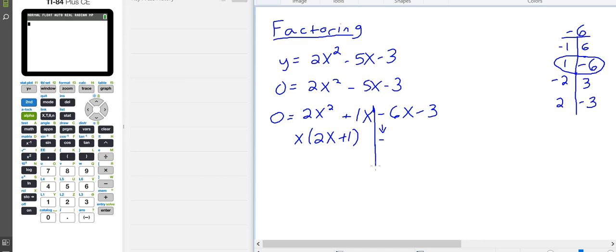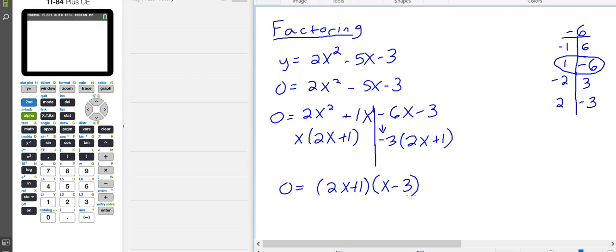The GCF on this side is 3. -6x divided by -3 is 2x. -3 divided by -3 is +1. We're going to rewrite our equation as 0 is equal to the factor from the parentheses, which is 2x plus 1, times the factor that's not in the parentheses, which is x minus 3.